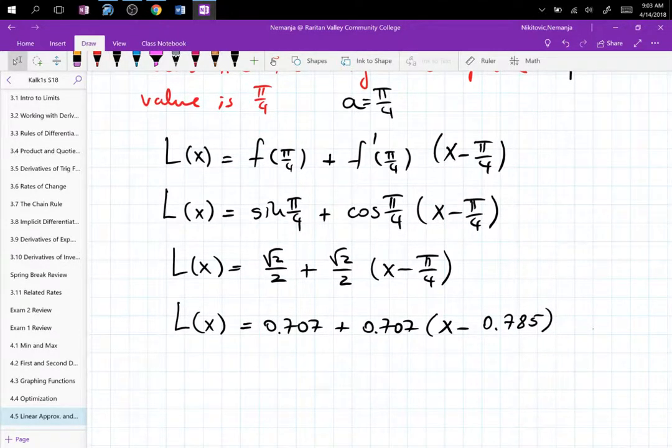And now combine all of the terms. So L of x is equal to, what do we have? 0.707x when we distribute. And then we have 0.707 times 0.785.